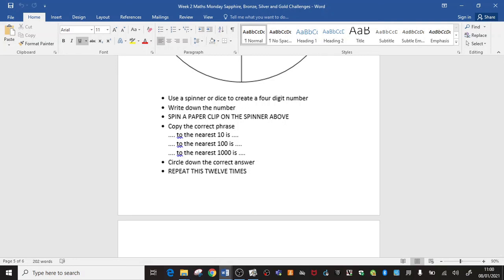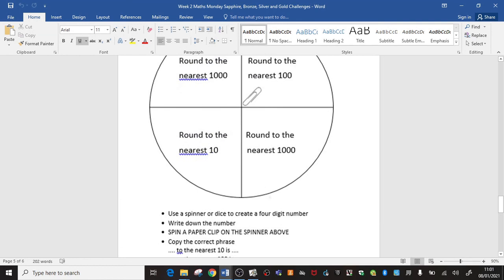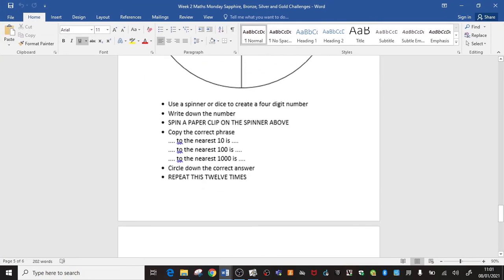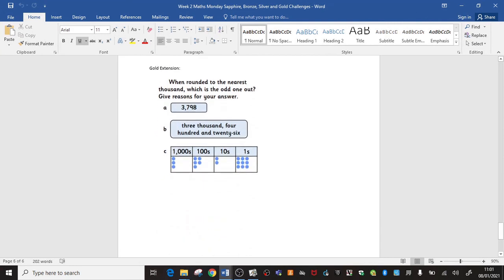Now, in terms of generating numbers, I'd like you to do that with your own dice, or go online and just type in dice online, and you can roll a dice 4 times to generate a 4-digit number. Okay? Some of you really want to challenge yourselves, so you could possibly even try a 5-digit number as well. And I'd like you to repeat that 12 times. So effectively, you are doing 12 numbers and rounding them either to the nearest 10, 100 or 1000, depending on what you spin on your spinner. And there's an extra challenge there at the end.